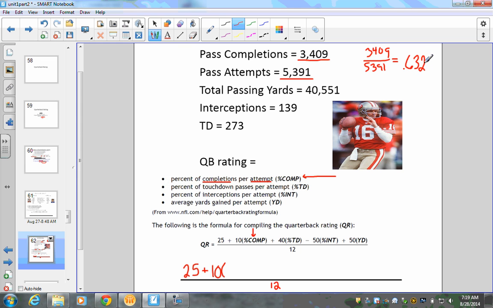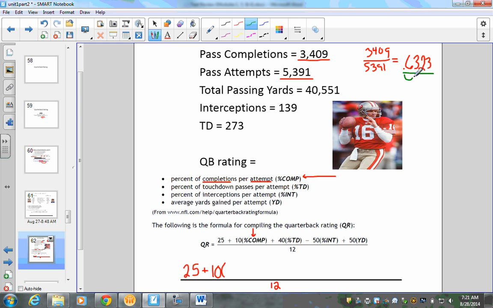When I divide all this out, I get 0.6323. Now this number is correct, but unfortunately you are not going to use this exact number in the formula itself. You're going to have to convert this number to a percentage.